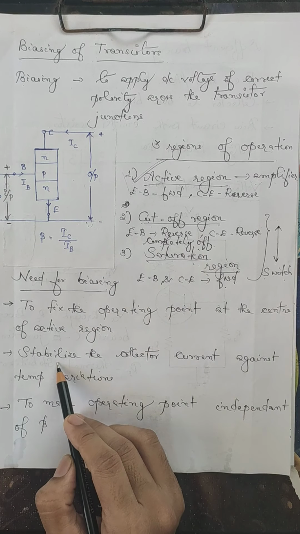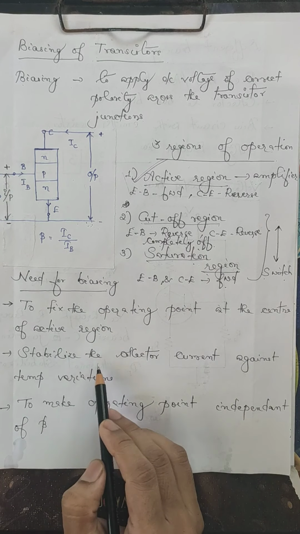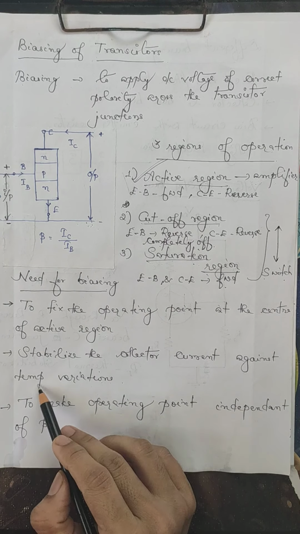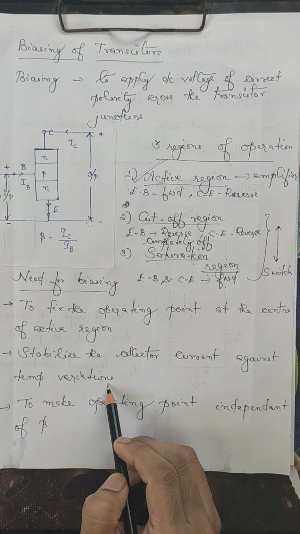The second point is to stabilize the collector current against temperature variations. That is, the collector current has to be made stable. This statement indicates that the collector current varies with temperature, and biasing helps to neutralize the dependency of collector current on temperature variations.